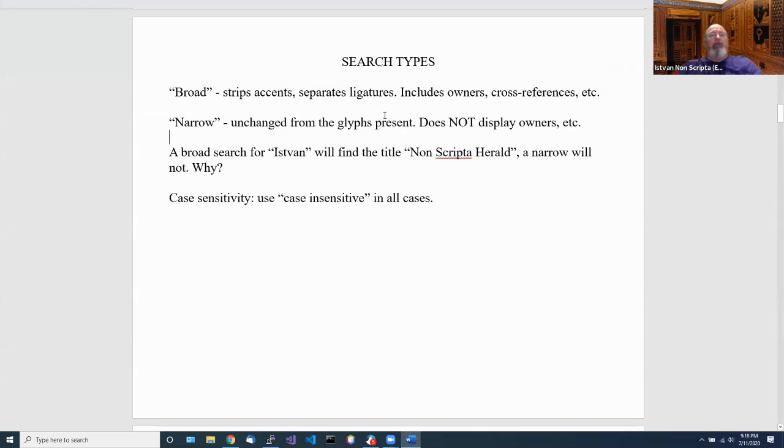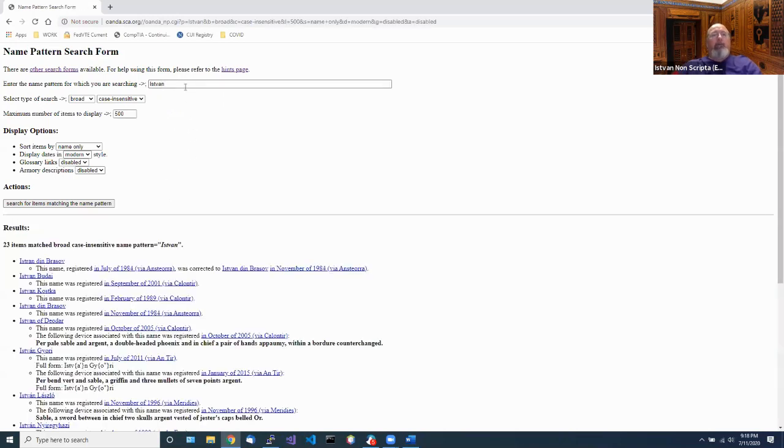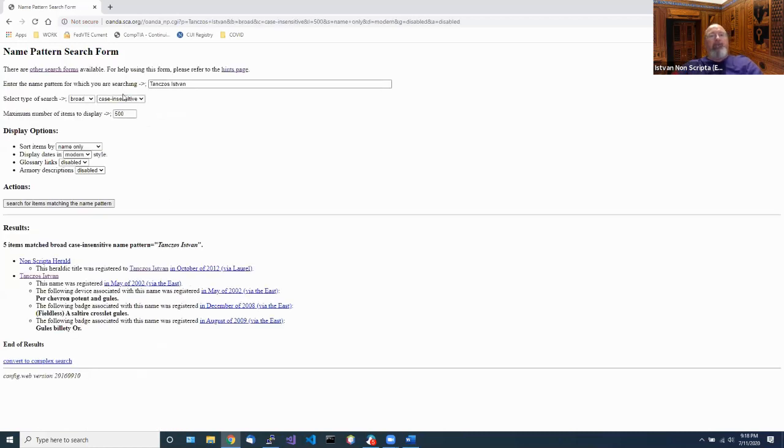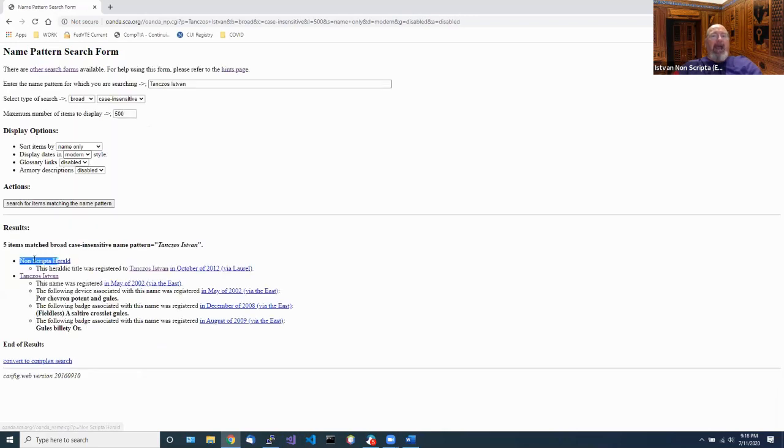So let's go do it. There's the broad search. There's the narrow search. You'll notice that Non-Scripta does not appear here, and that is because it is the owner piece of the record, not the actual thing registered.